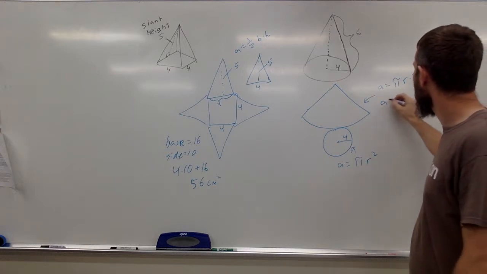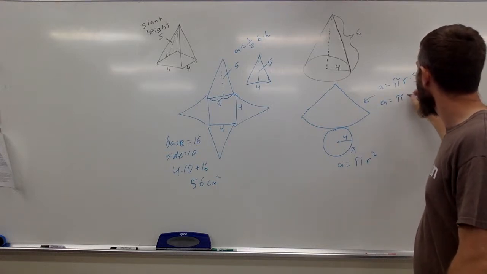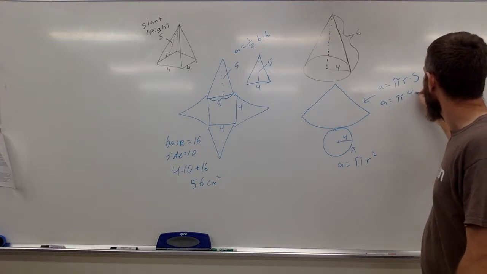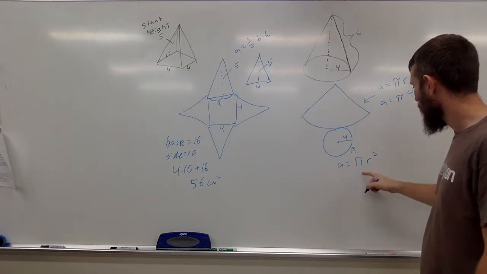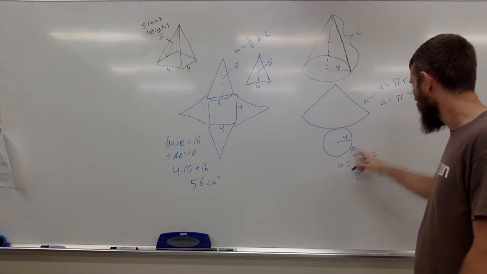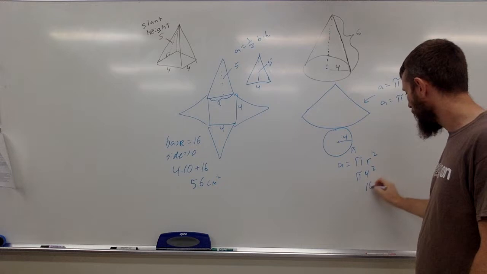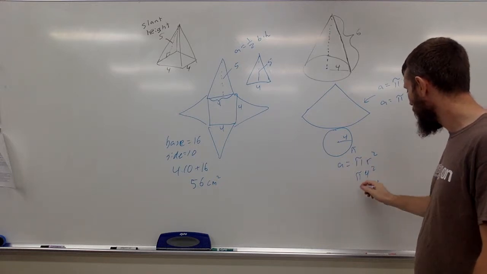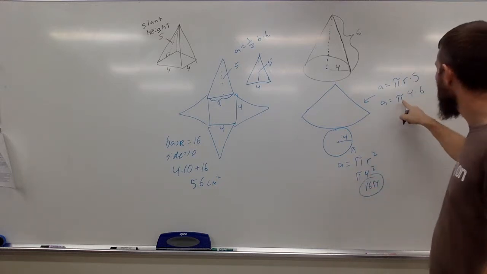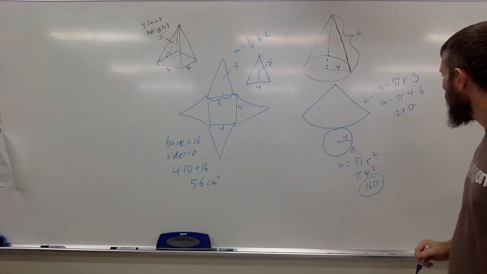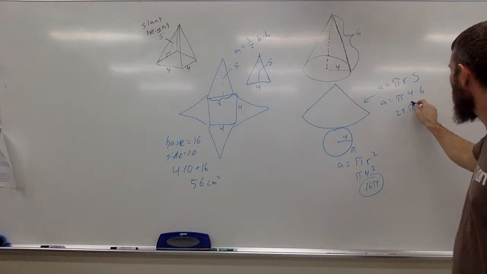So let's plug in some numbers here. We'll write our answer in terms of pi first. It's going to be pi times 4 squared. So this is going to give us 16 pi for that one. And this is going to give us 24 pi for this one.